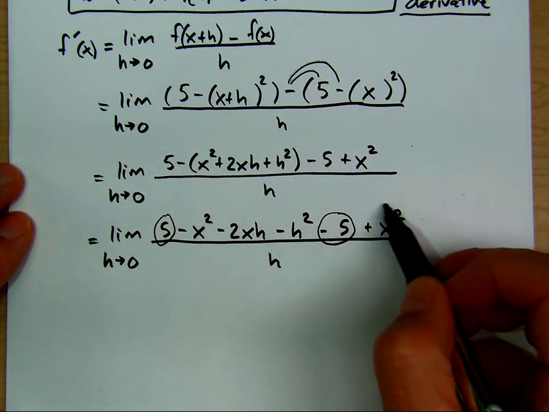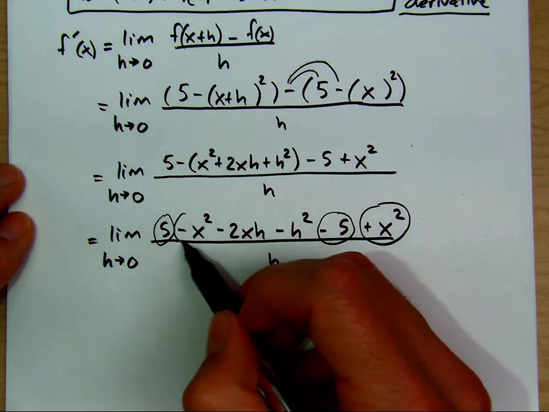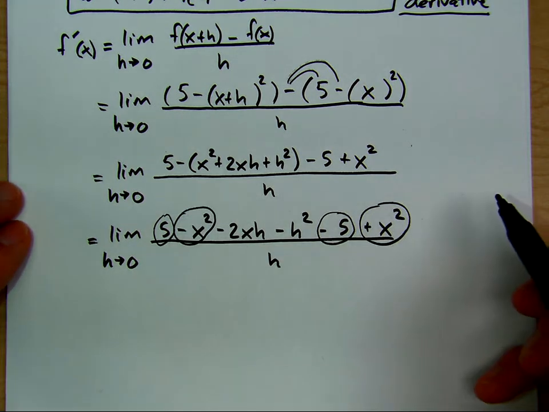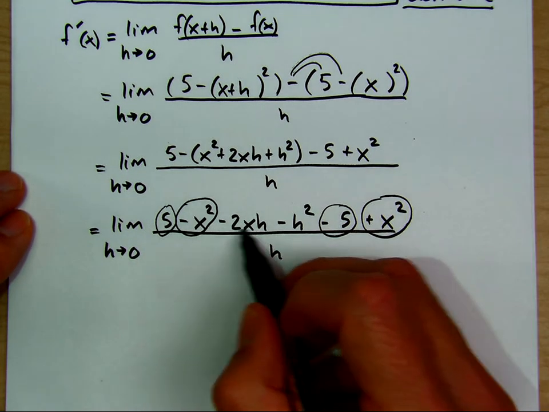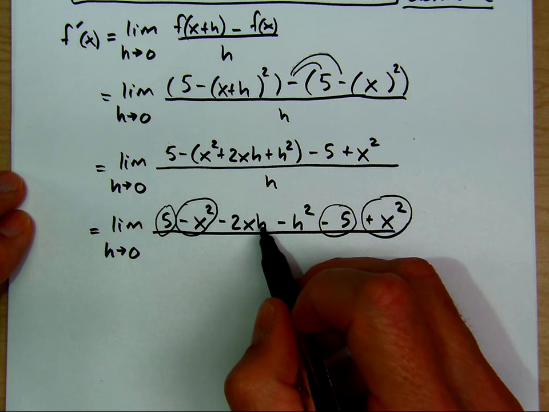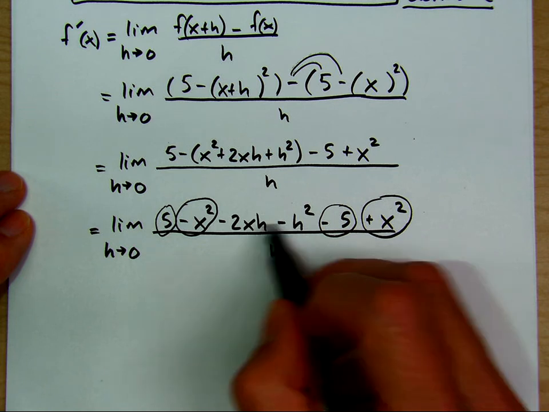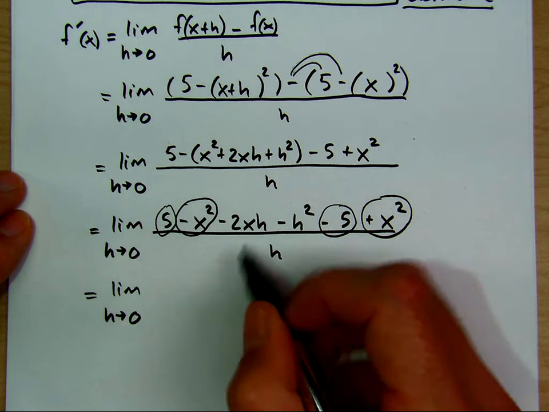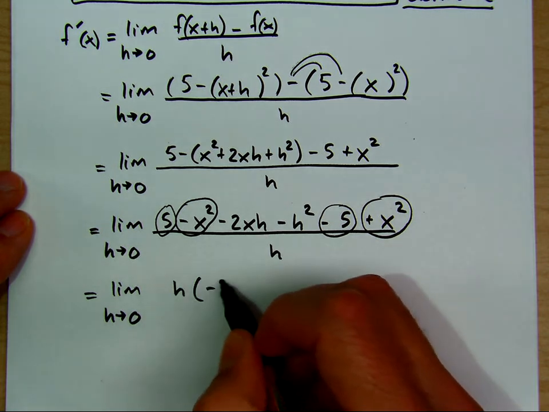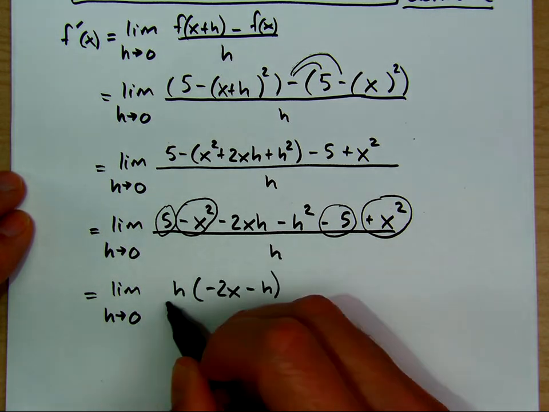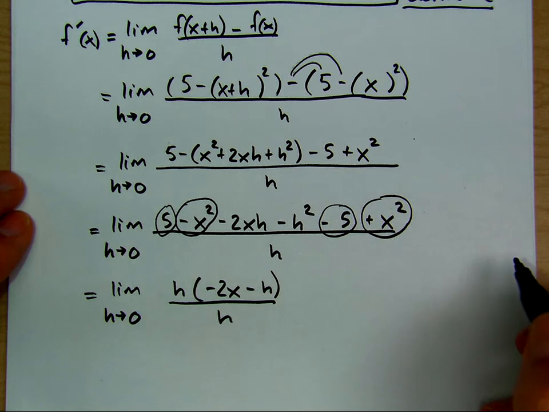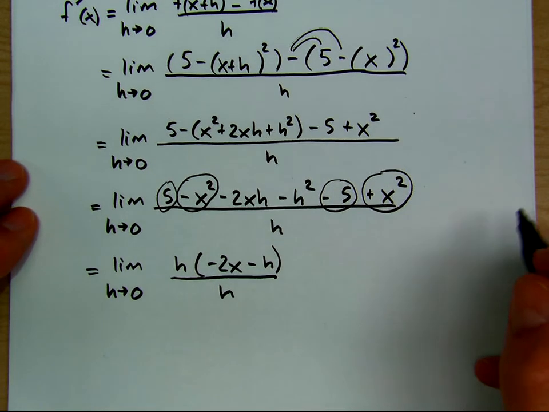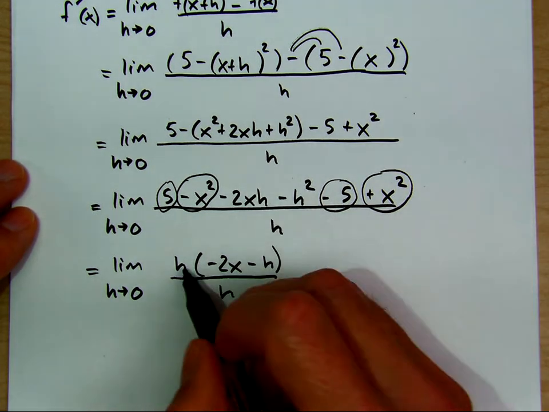We have positive x squared, negative x squared. Those are 0. And we have this left over. So let's factor an h out of both of these. So we took an h out of both.